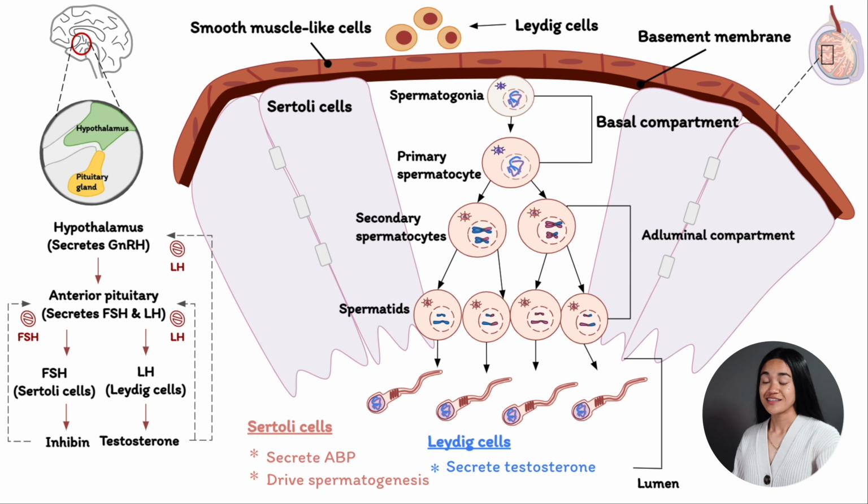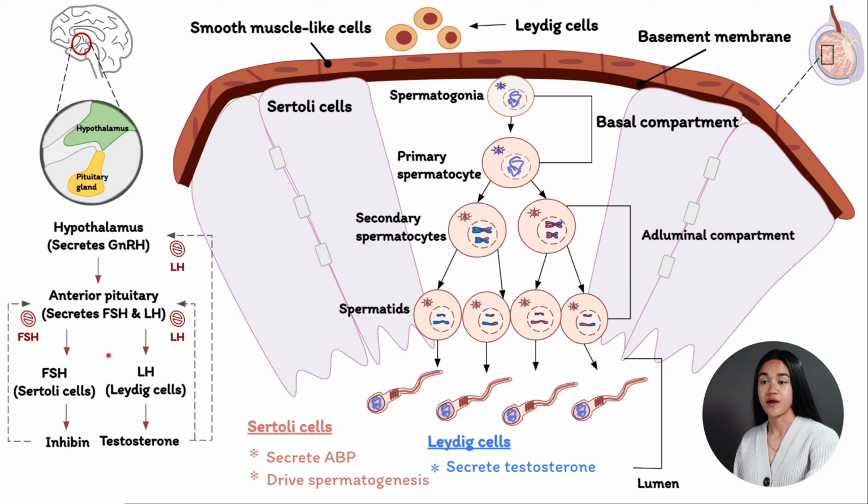Now, before we end this lecture, let's quickly recap what we've just covered. The hypothalamus secretes GnRH and goes to the anterior pituitary gland via the hypothalamus-hypophyseal portal vessels. The anterior pituitary gland releases luteinizing hormone, LH, and follicle-stimulating hormone, FSH.